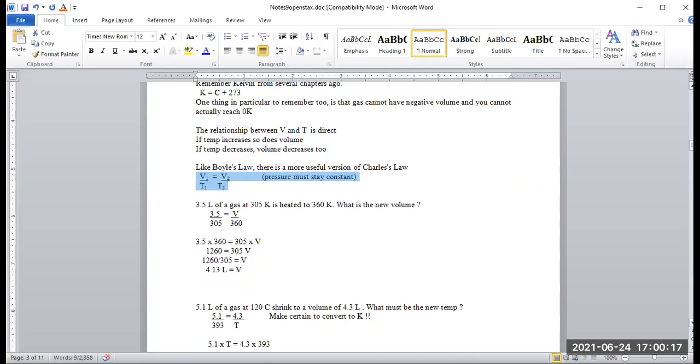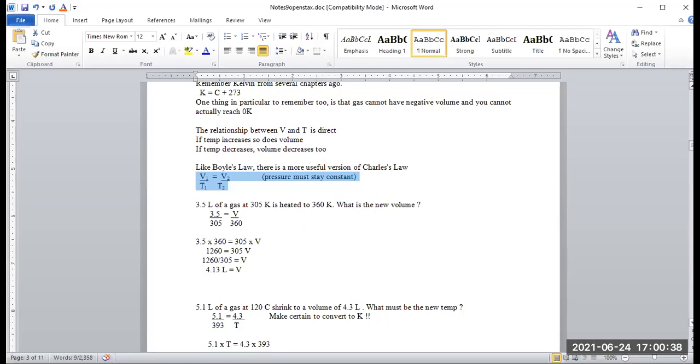We are also making an assumption, and it's an assumption we also made for Boyle's law. For Boyle's law, we made the assumption that we were not changing its temperature at the same time that we were doing anything else to it.